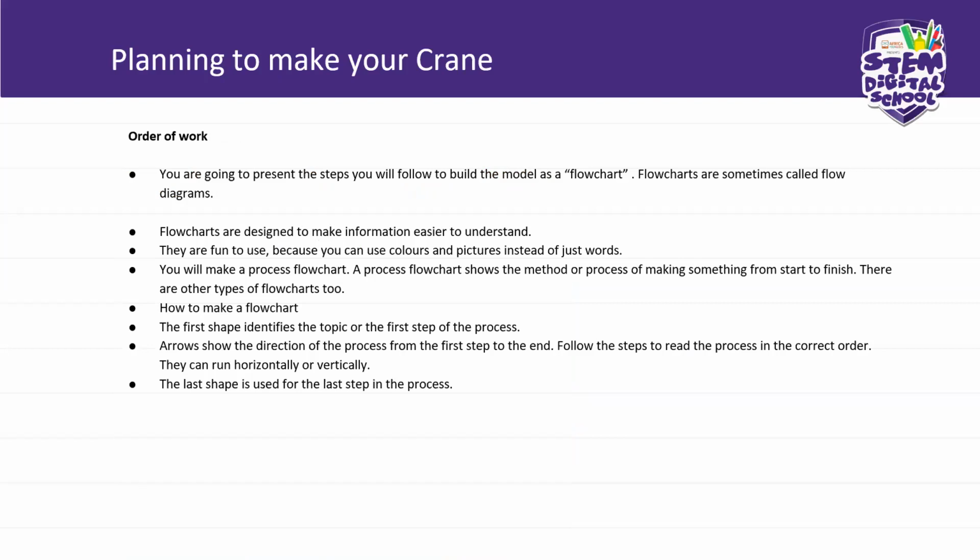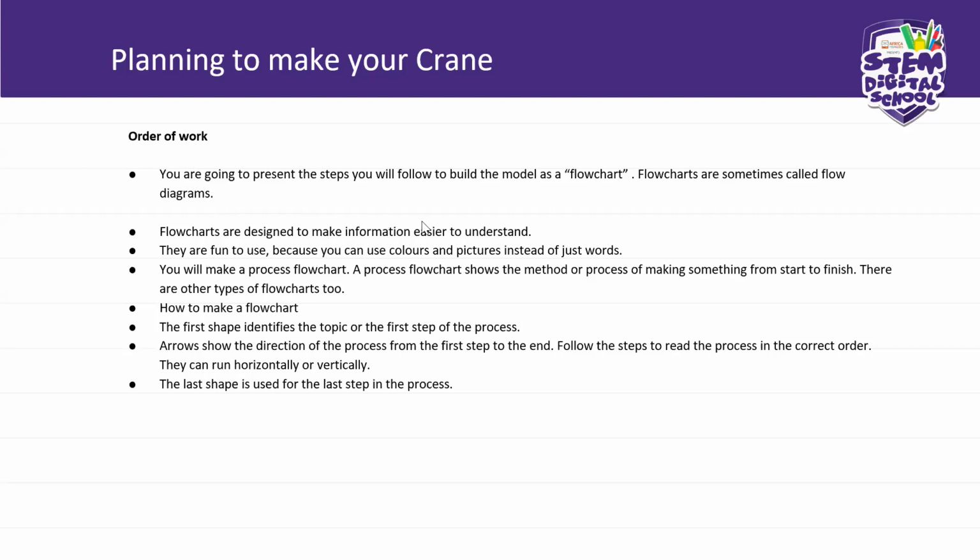You have to have at least 3 different freehand sketches, and you have your chosen idea. Then from the chosen idea, you are going to make a working drawing. The working drawing is the final drawing of the crane that you are going to make. So you have your order of work.